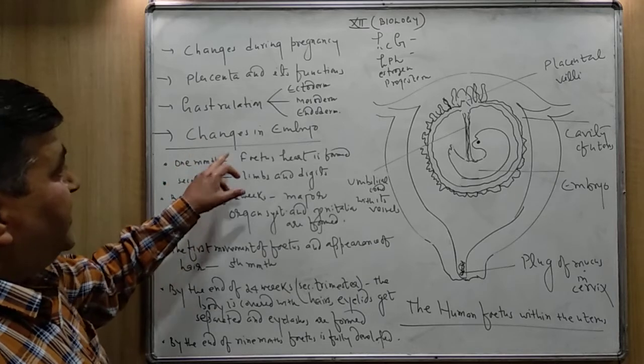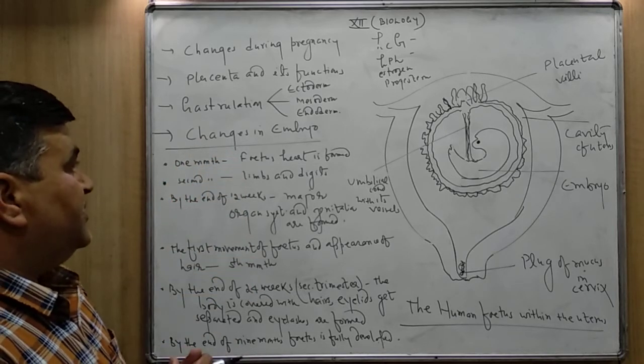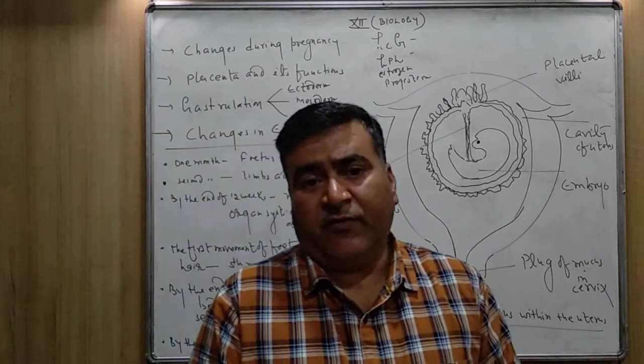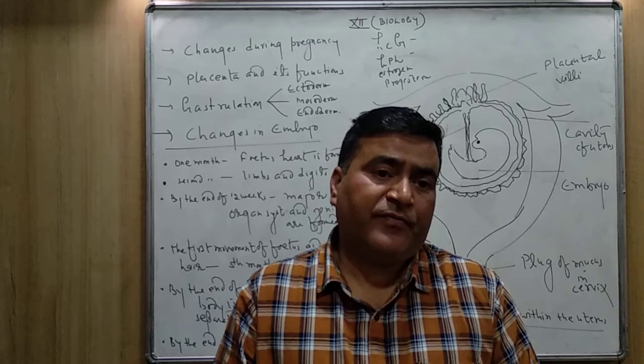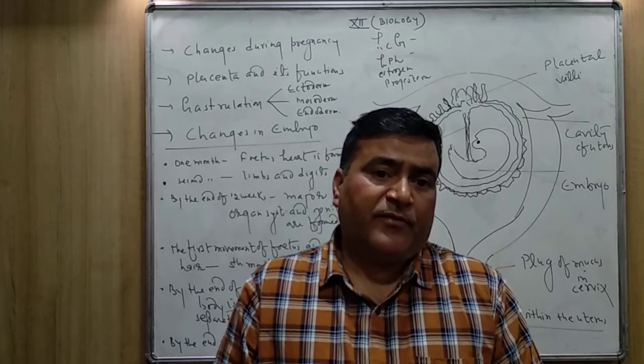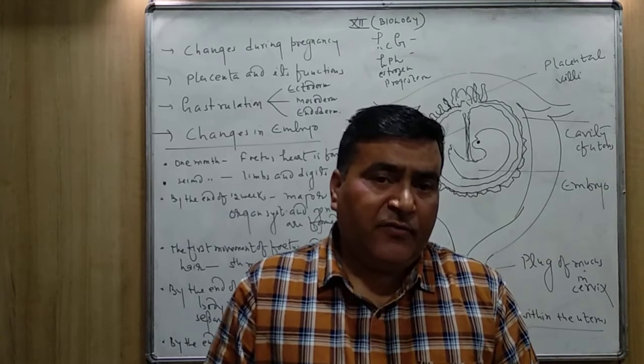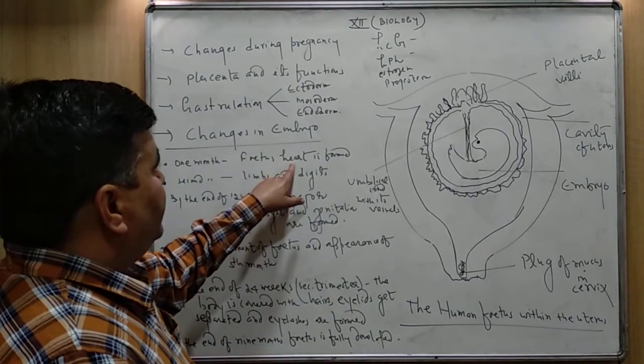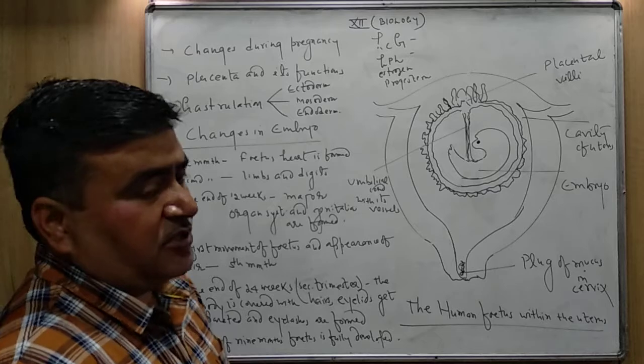In the 1 month fetus, the heart is formed. When a fetus is about 1 month old, the heart is formed just within a month.